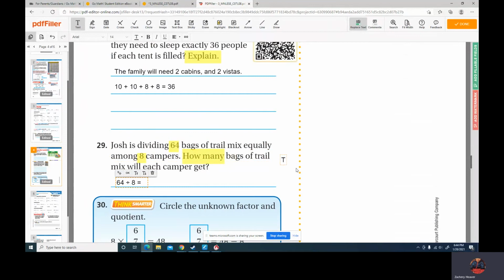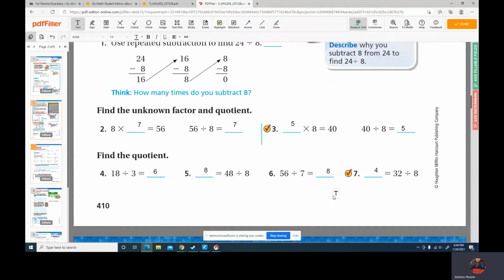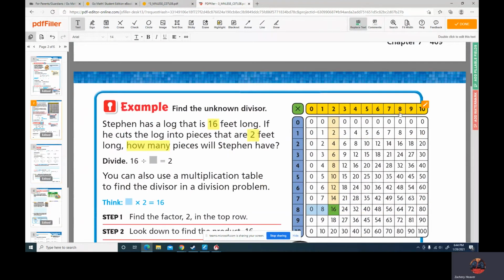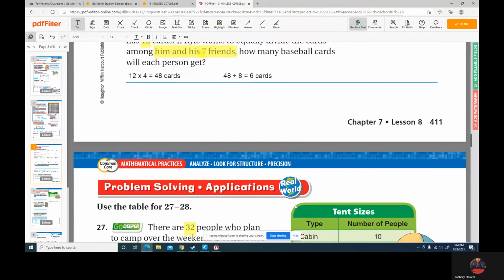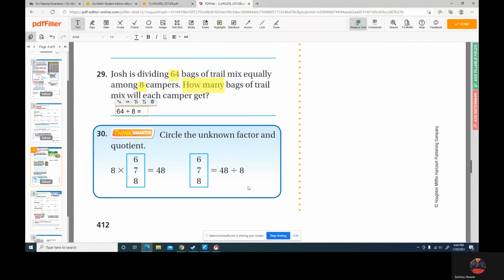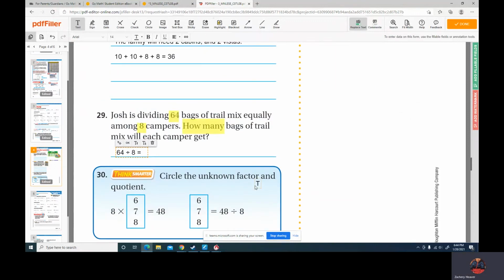That's a tough one. We're still learning our 8s. So let's go up to our chart. We're going to find our 8s, go down to 64, then go over. It will be 8 bags.